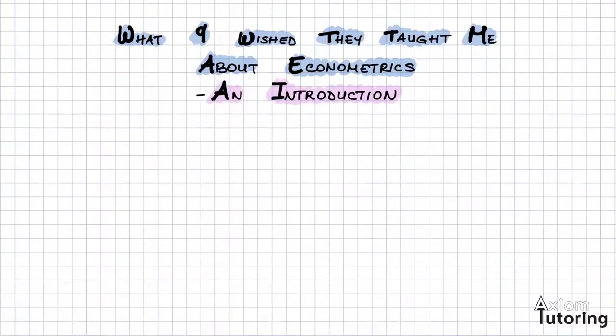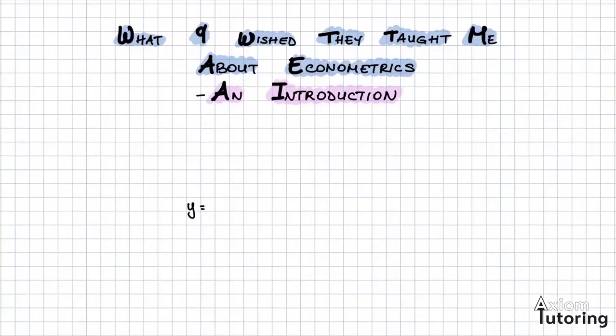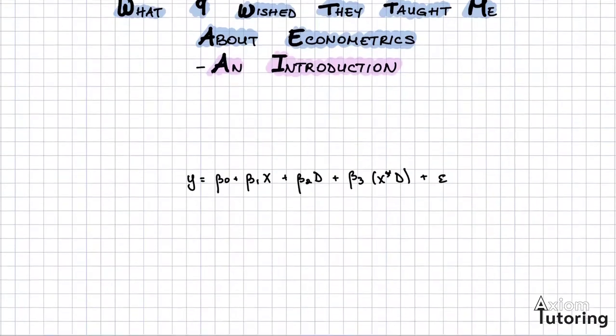So let's start as usual with our model, where y is equal to beta 0 plus beta 1 x plus beta 2 d plus beta 3 x times d plus an error term. We are going to assume that the conditional expectation of the error term on the dummy and the x variable is equal to 0.